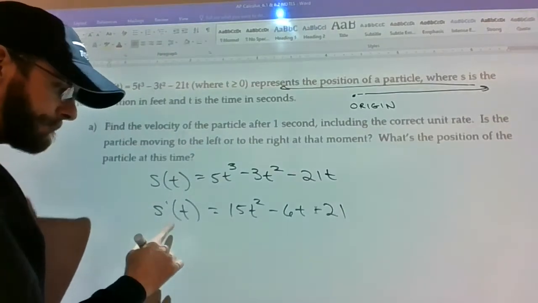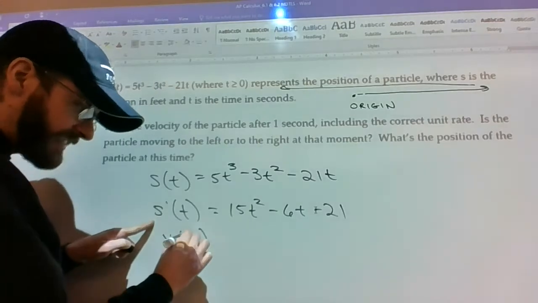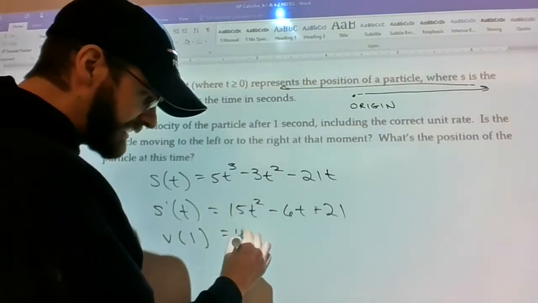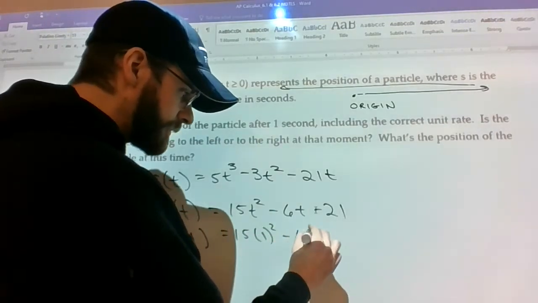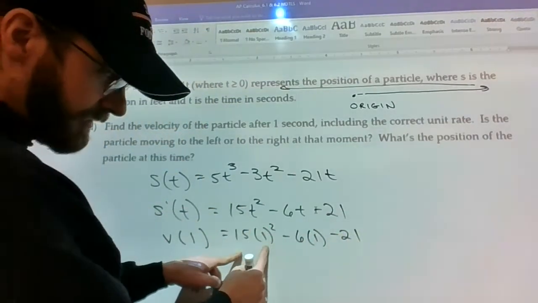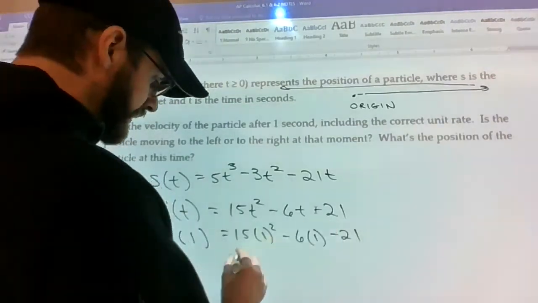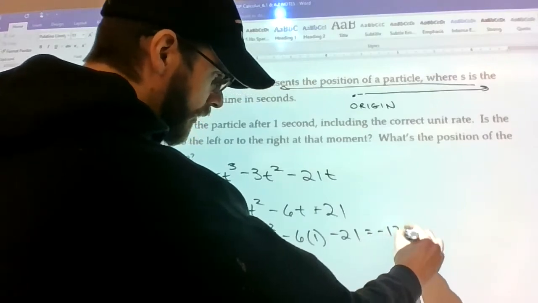This is the velocity, and then I plug in 1 second for the t's. So you get 15 minus 6, which is 9, minus 21, which is negative 12.